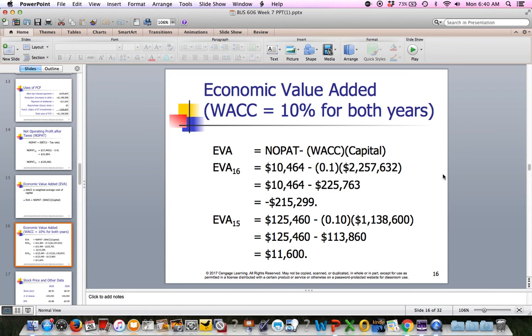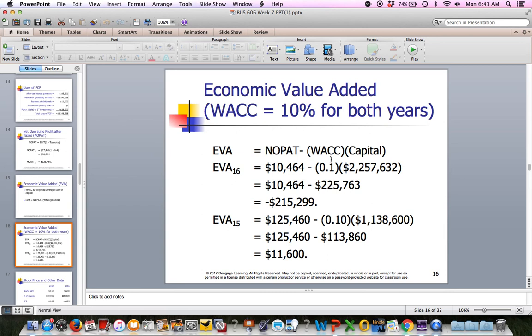And I didn't really do that this time because all the answers are just kind of filling out a formula. As long as you know what the formula is, you can pretty much just drop in numbers with that formula and solve for it. So just remember these formulas I've been showing you will be used quite a bit for that Excel file. So here's the EVA calculation for 16.